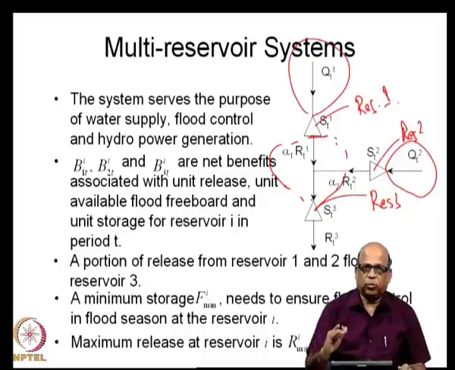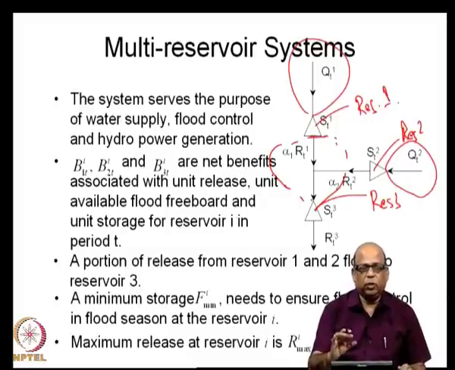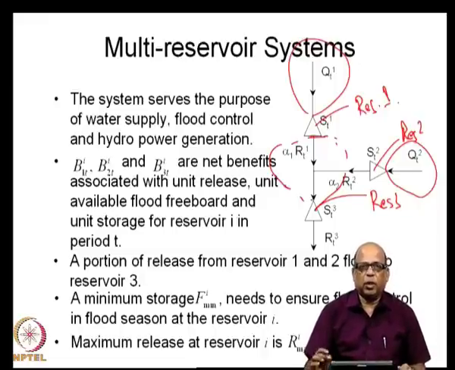Head is determined by the storage and Q is determined by the release policy. However, for this simple problem, we will just take it as storage, and therefore, we associate benefits with the storage, and these benefits can be typically hydropower generated at a particular reservoir storage in particular time period T.